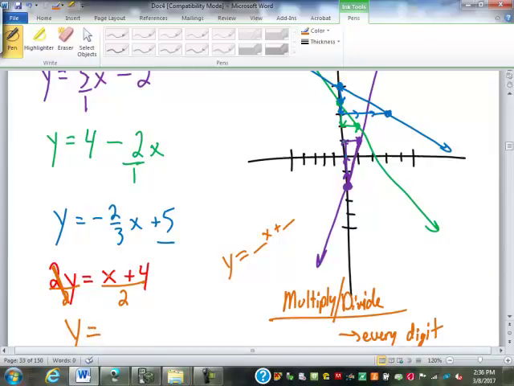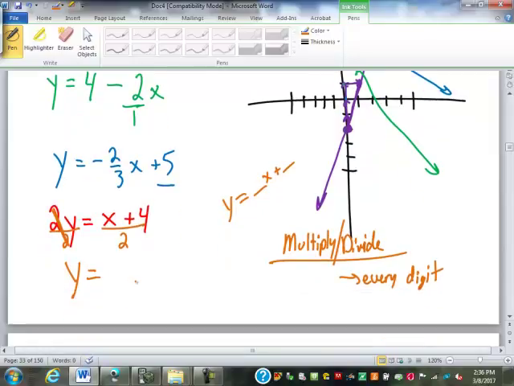On the right side, we've got x and we've got the plus 4. Both of those have to be divided by 2. To do x divided by 2, I'm going to make this a 1x divided by 2. 1 divided by 2 is 1/2 x. 4 divided by 2 is positive 2.